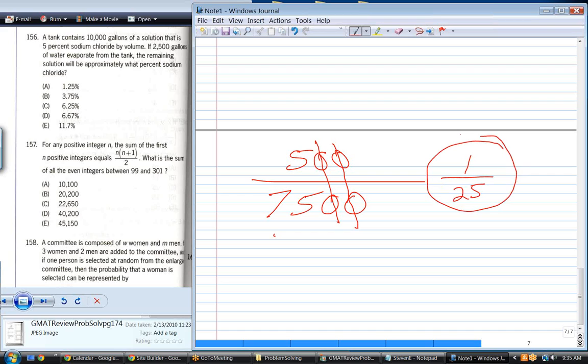What's the answer? Why are you getting 1 over 25? Because 5 over 75 is 1 over 25. I divided top by 5 and bottom by 5. Oh, excuse me, it's 1 over 15. I made a mistake in my math. Thank you. 1 over 15.